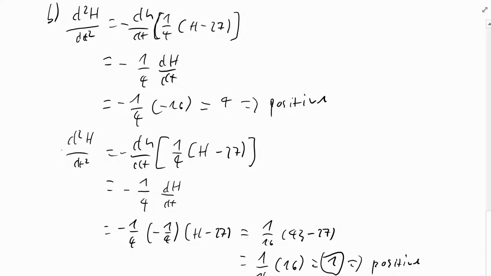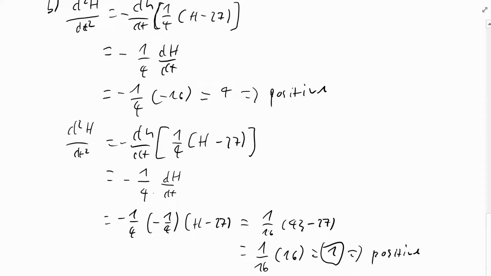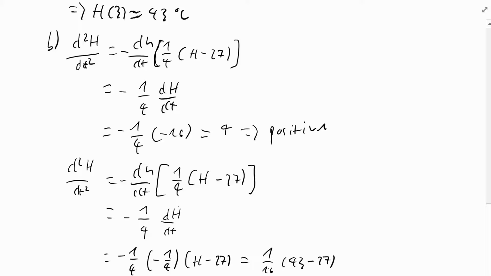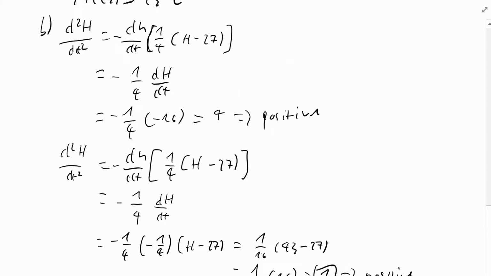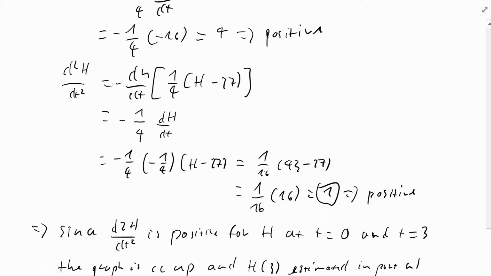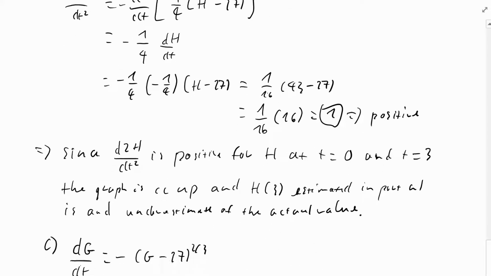The second way you could do it is plug dh over dt back into the second derivative formula. Dh over dt we plug back in here, negative 1/4 of h minus 27, and use 43, which is the estimated temperature, to approximate the second derivative at t equals 3, which is also positive.